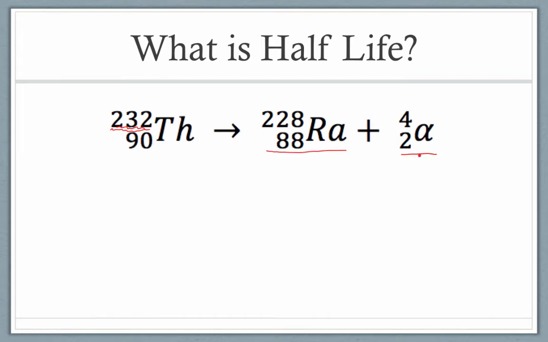So this is nothing new. These are the reactions we've been doing all along, except now we can add this new information in. We can say that the half-life of this radiation reaction, or of thorium-232, is 1.4 times 10 to the 10th years.